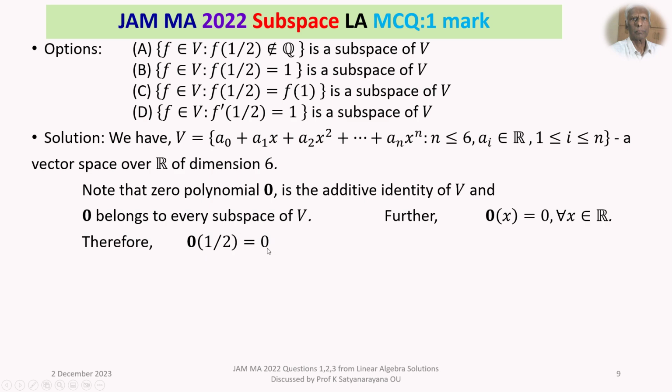And note down, 0 is a rational number. But in option A, it is given that 0 of 1 by 2 is not a rational number. Therefore, option A is not true.